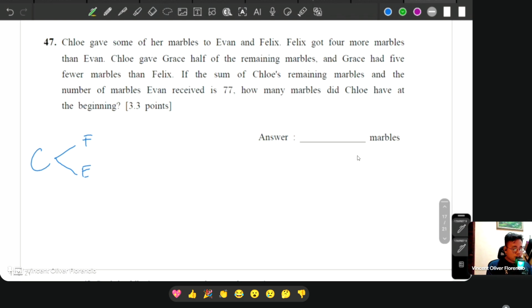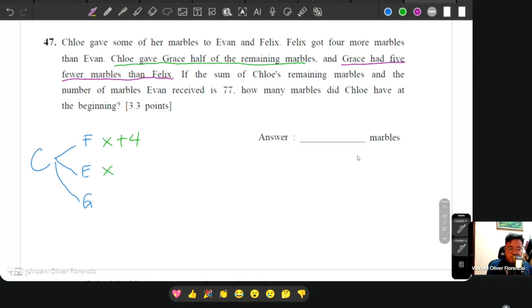That would mean to say that if Evan got X, Felix got X plus 4. Are you very good so far? And then Chloe gave half of the remaining marbles to Grace. And then it says here, this is very critical, Grace had 5 fewer marbles than Felix.